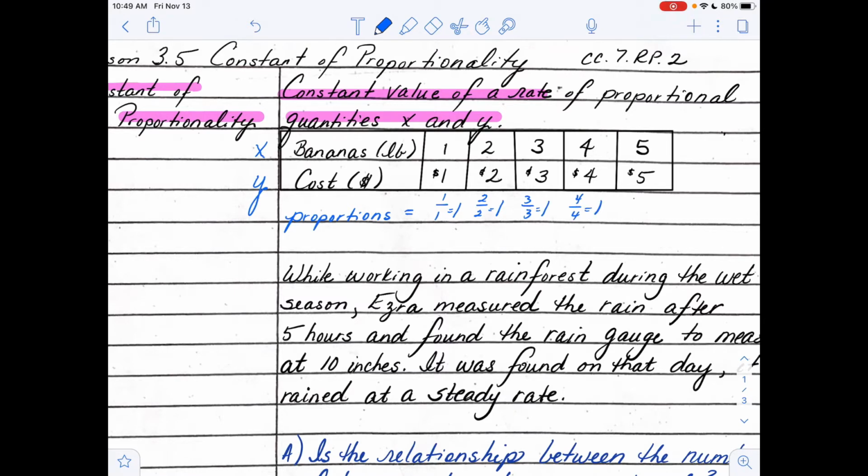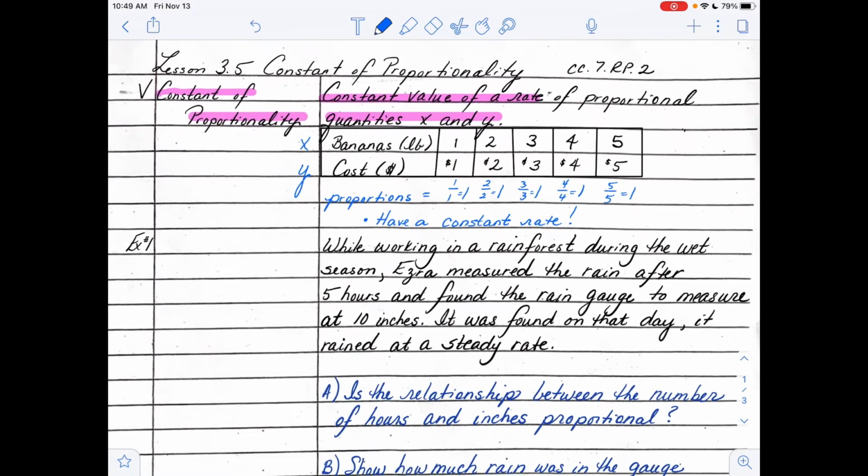And you can see right here that they all have the exact same rate. So that is a constant value between our x and y. So these definitely, I've been able to prove it now with my work, they have a constant rate. And if they have a constant rate, it means it is going to be a proportional relationship.